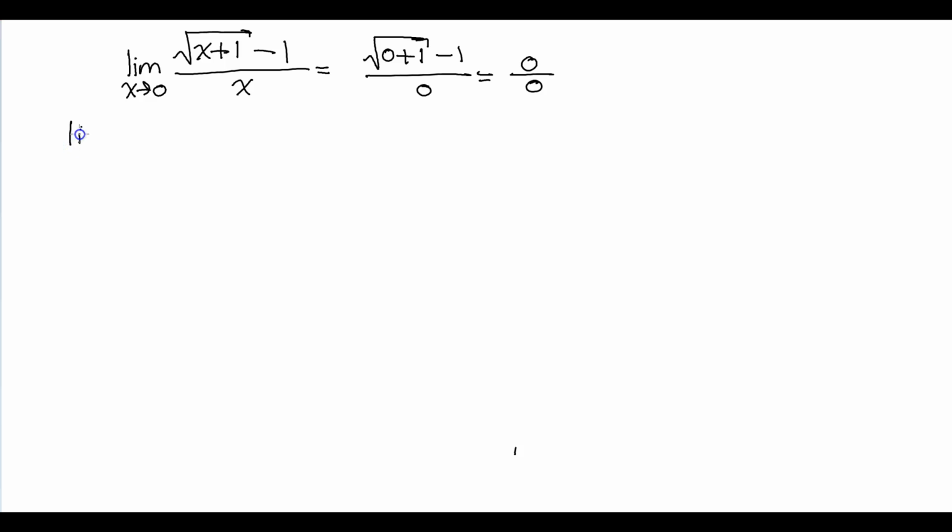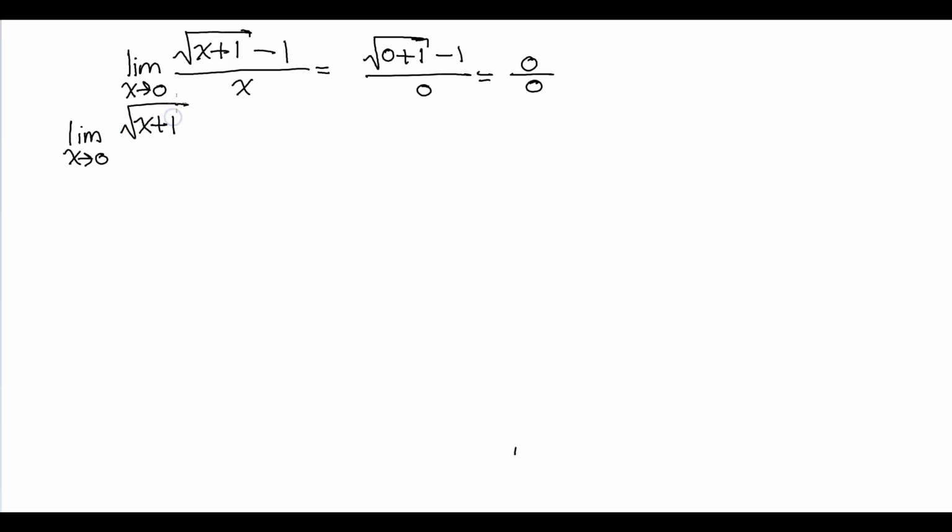So you could use a technique known as rationalizing, in this case, the numerator. Because when we rationalize the numerator, you can rewrite the fraction in a form that eliminates the x in the denominator.